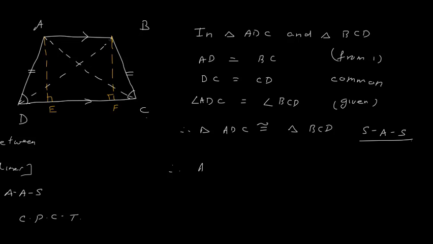Therefore AC is equal to BD. Hence proved. This is corresponding parts of congruent triangles. So we have proved that AD and BC are equal, and AC and BD are also equal.